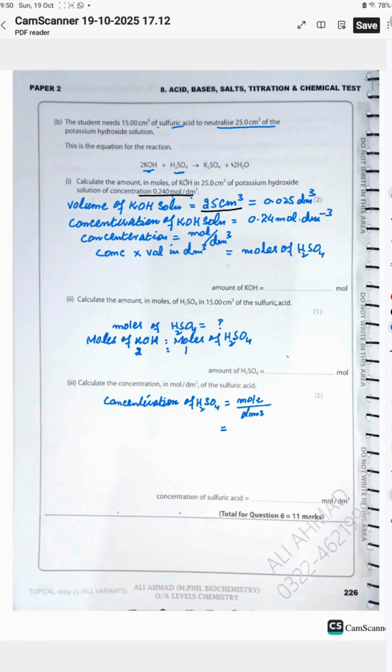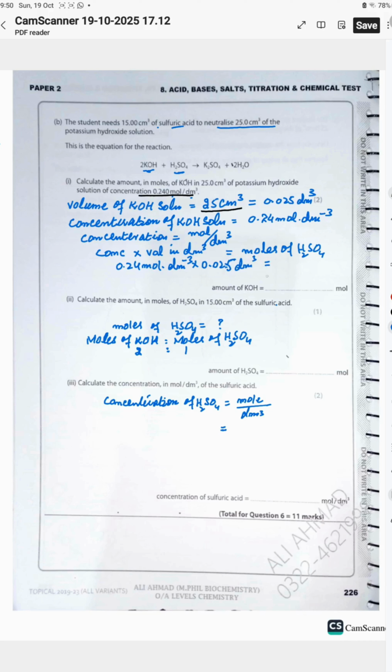Now both the parameters are given to us. The concentration is 0.24 mole per dm cube, and then the volume is 0.025 dm cube.